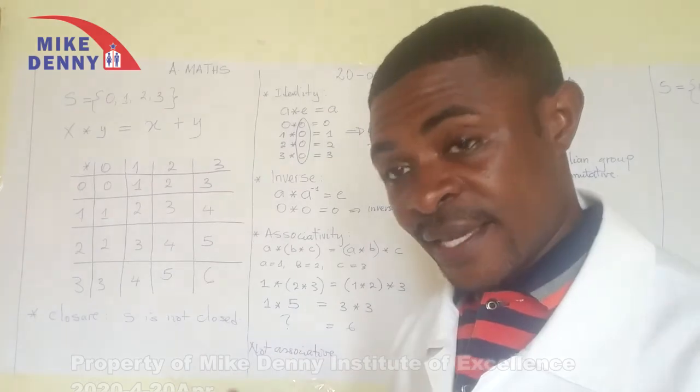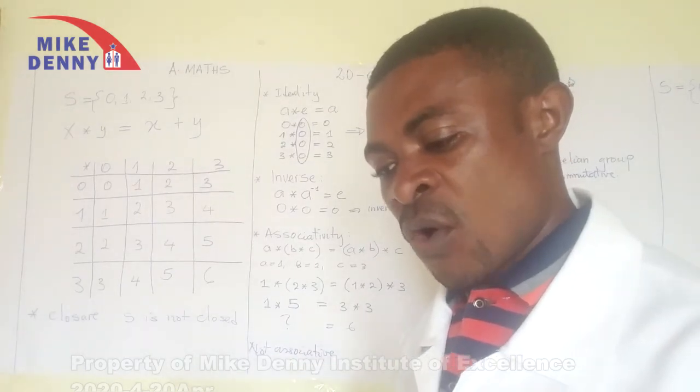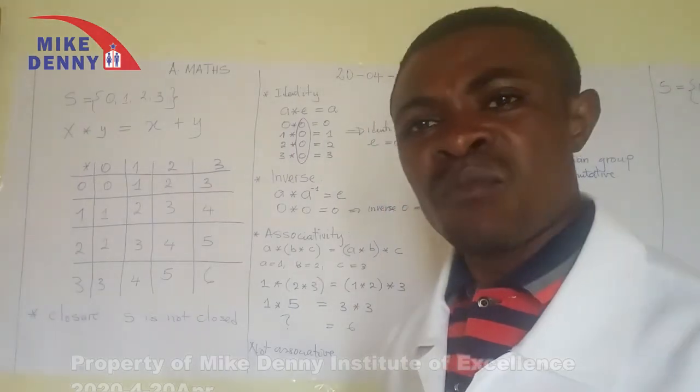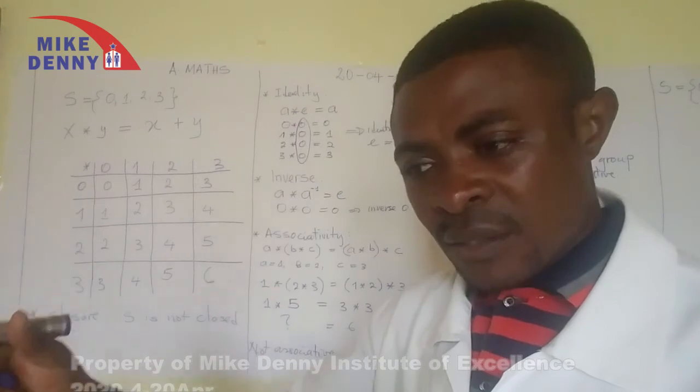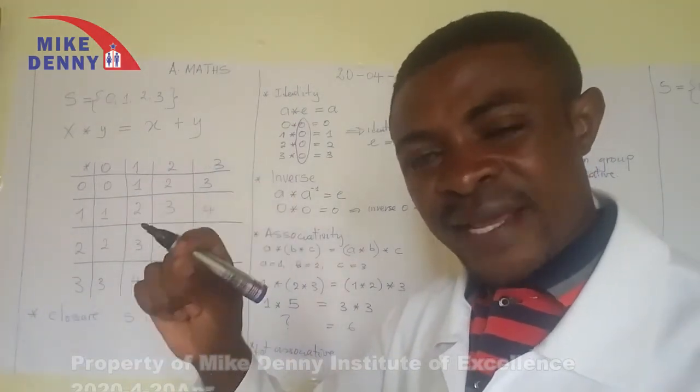I take it over again. Consider the operation star defined on the set S equals 0, 1, 2, 3 by multiplication modulo 3. I already explained modulo 3. Modulo means you multiply or you add and then you divide and write down the remainder.